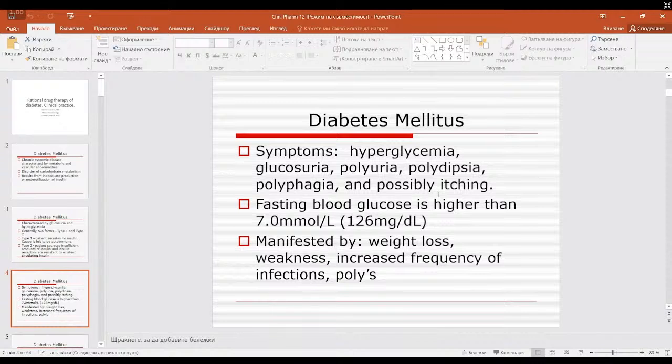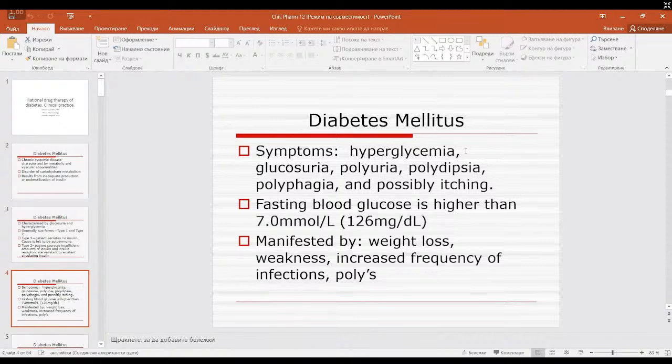In type 1 diabetes, patients have a sudden onset of symptoms: they are drinking too much water, eating more than usual, and urinating more than usual.